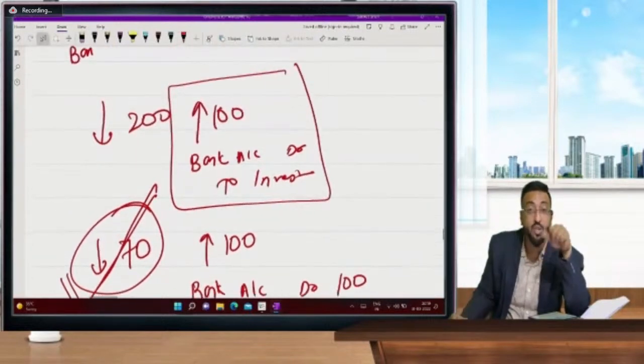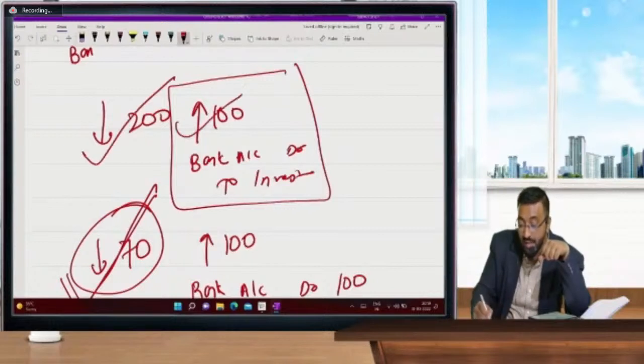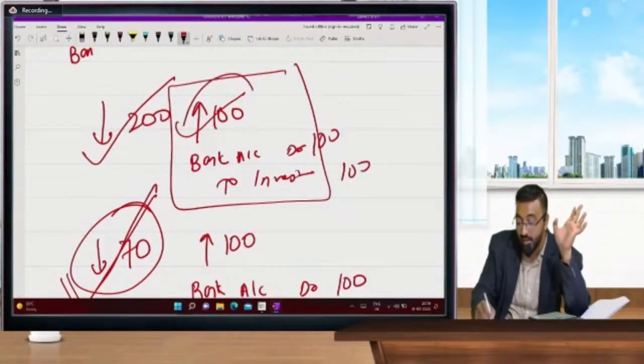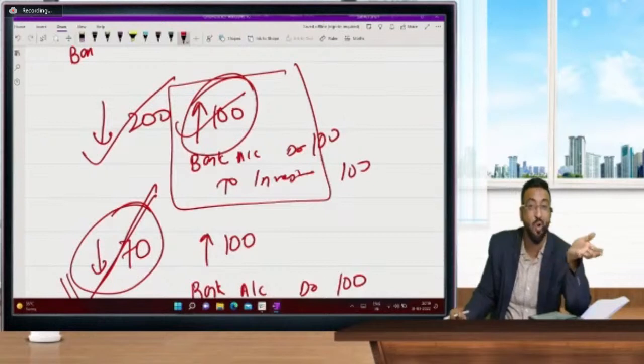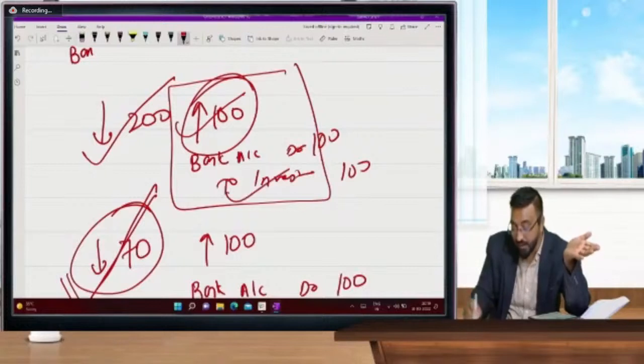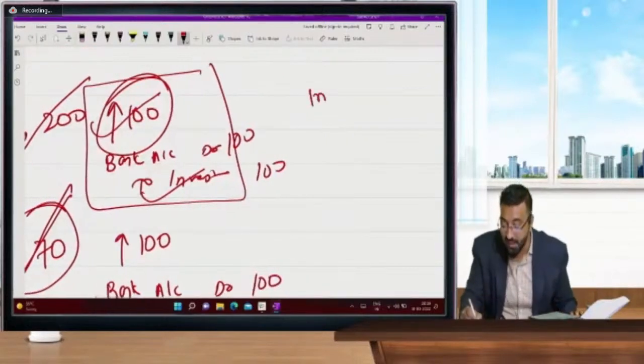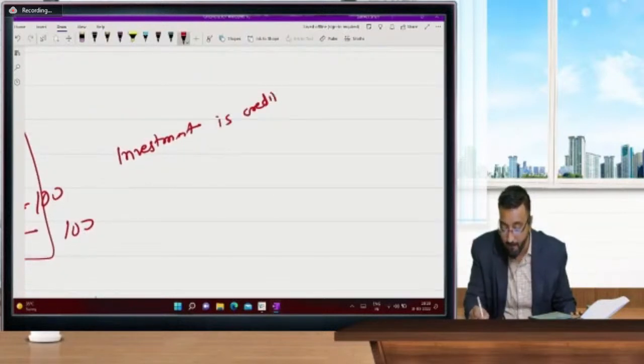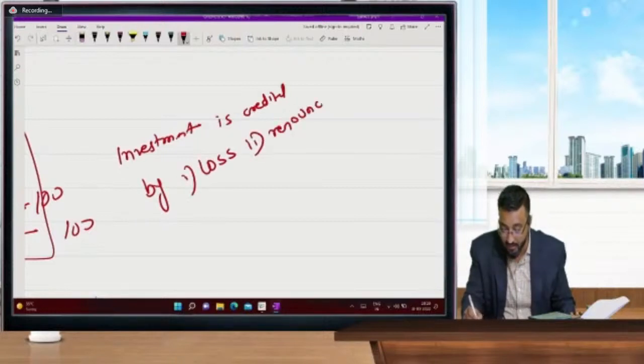In the above situation, his loss is more as compared to the amount renounced. So 100 rupees will be directly recorded. He's getting 100, he will record it because his loss is beyond 100 rupees. So he will credit investment. In simple language, investment is credited by loss or renouncement price, whichever is lower.